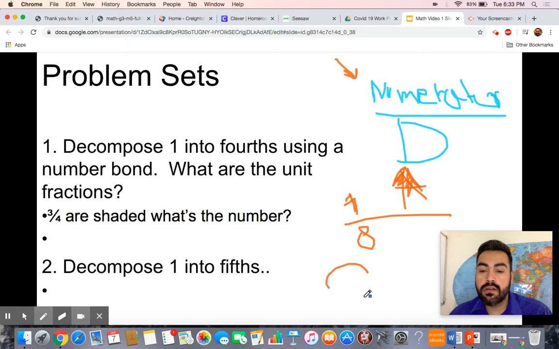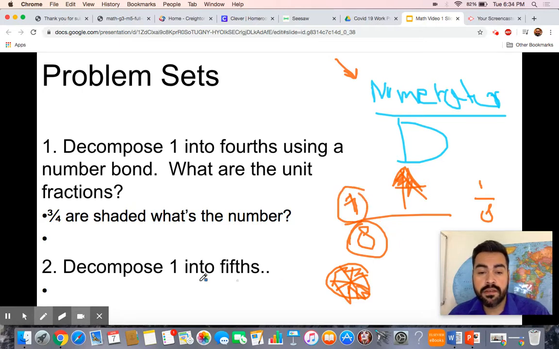My circle has 8 equal parts. And I think that's 8. 1, 2, 3, 4. 1, 2, 3, 4. 8. 7 of those are shaded. So I have 1 left. 7 eighths are shaded. 1/8 is not shaded. So remember, equal parts. How many are shaded?